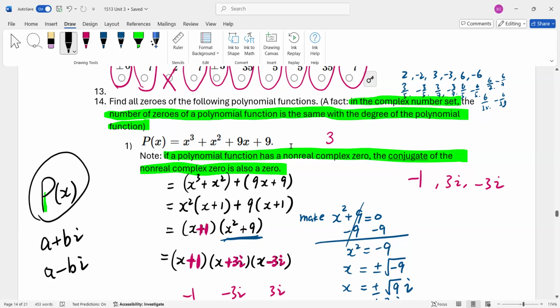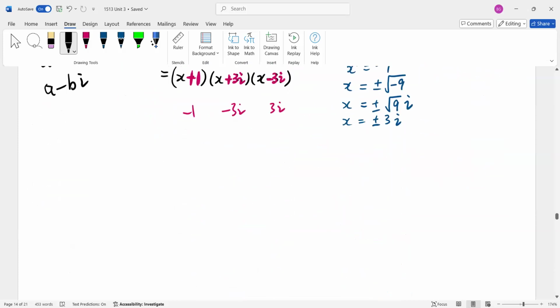If the degree is 10, then it has 10 zeros, knowing we are talking about zeros in the complex number set. If the degree is 35, then the polynomial has 35 zeros in the complex number set. So this one has 3 because the degree is 3. Let's move to the next problem.